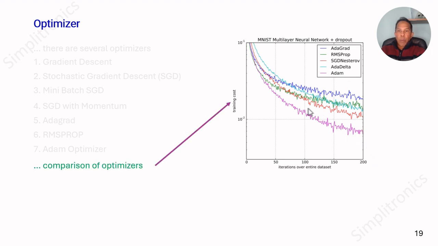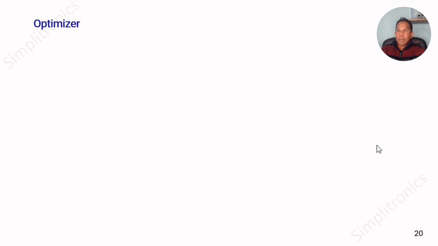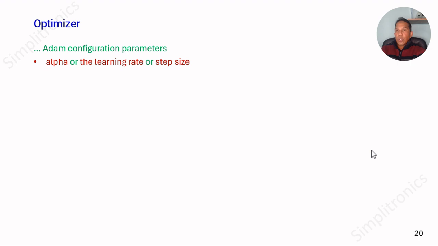Here is the comparison of optimizers. As we can see here, Adam optimizer is currently the best optimizer on the market. So, Adam configuration parameters include alpha, or learning rate, or step size. Larger values mean faster learning.